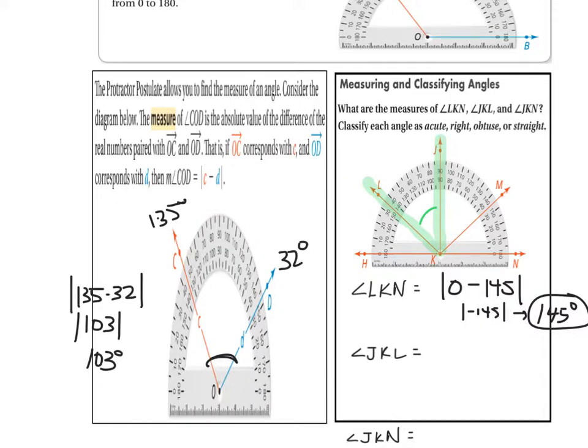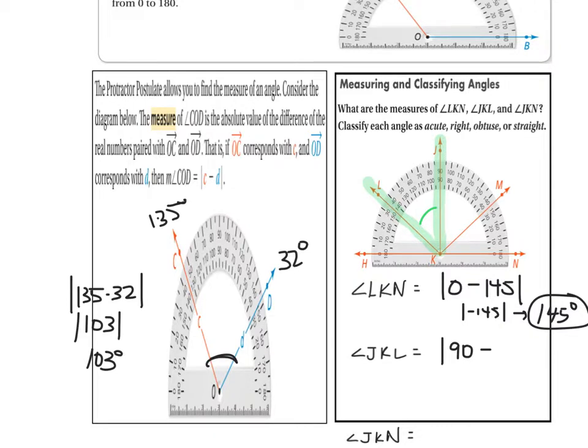So J is at 90. I'm going to take 90, and I'm going to subtract L. Now, does it matter which one I use? Because in this case, both of these are 90 on the inside and the outside. So does it really matter? Well, technically it doesn't. But I know this is 145 or it's 35.